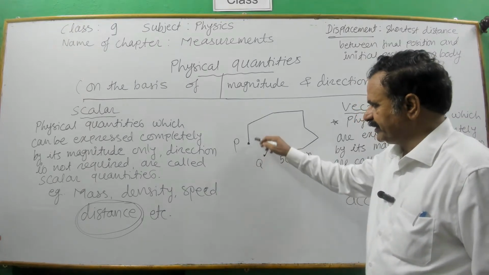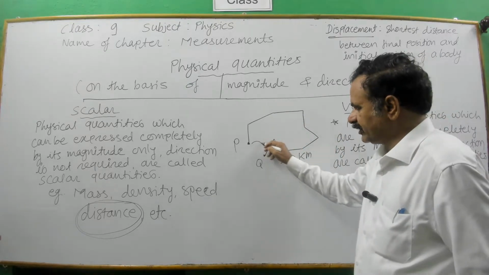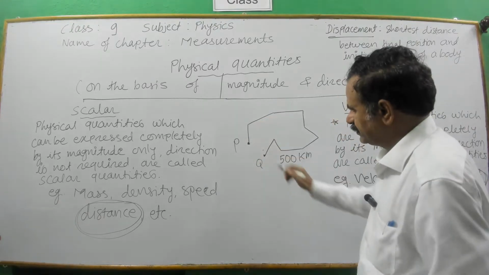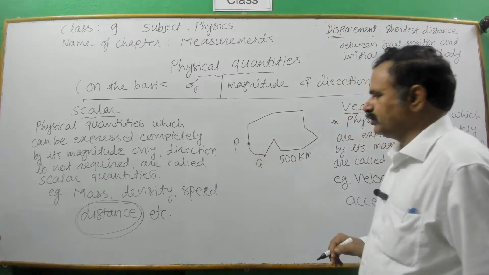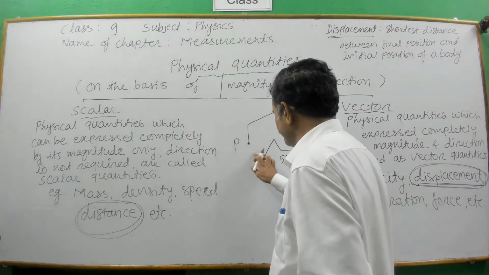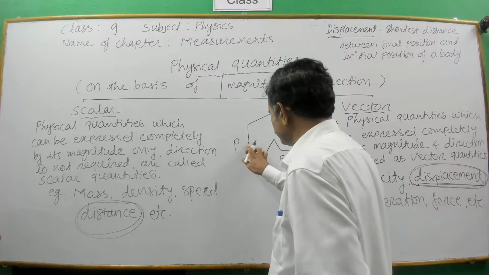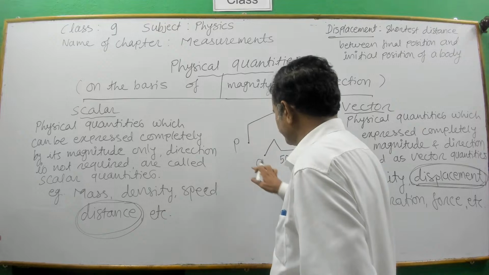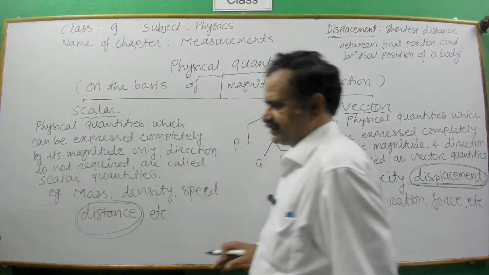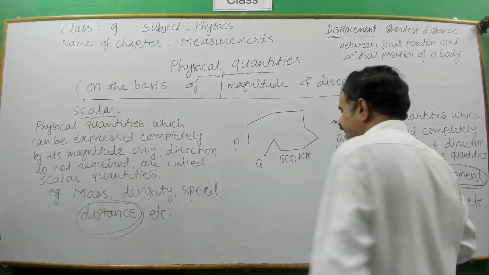ये दोनों पोजीशन में ये शॉर्टेस्ट डिस्टेंस है क्या? नहीं. Is this the shortest distance? No. Is this the shortest distance? No. Then how can we get the shortest distance between point P and point Q? बोलिए, boys, girls, how can we get it?